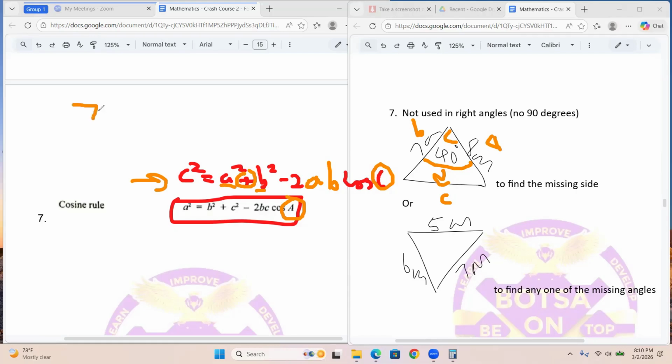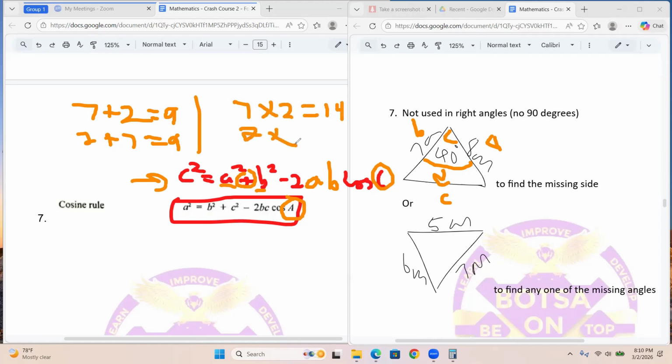If we say 7 add 2, we'll get 9. And if I say 2 add 7, won't I still get 9? Hence, they are commutative. Similarly, if I say 7 multiplied by 2, I get 14. If I say 2 multiplied by 7, I will still get 14.